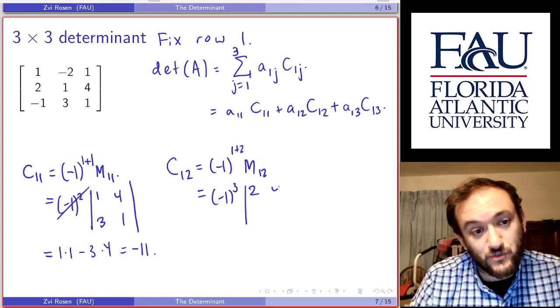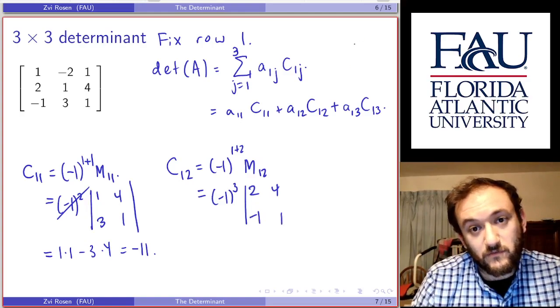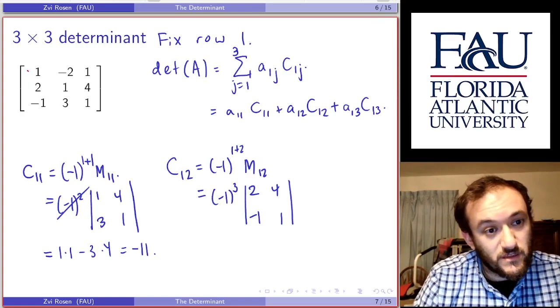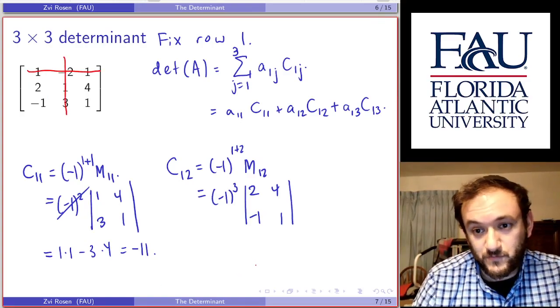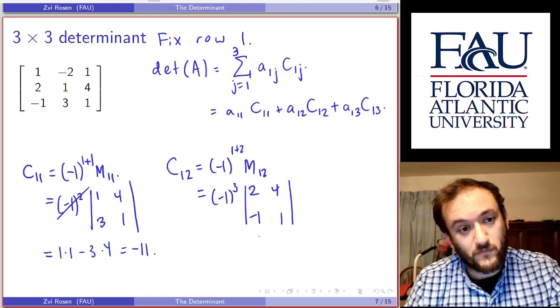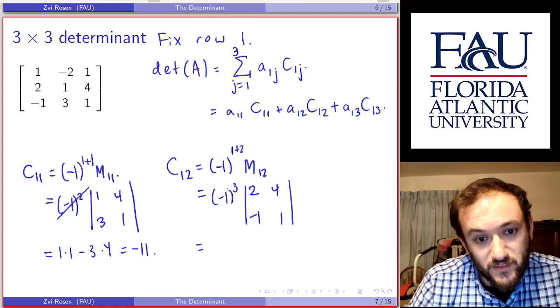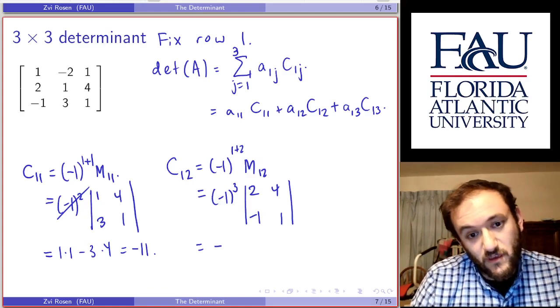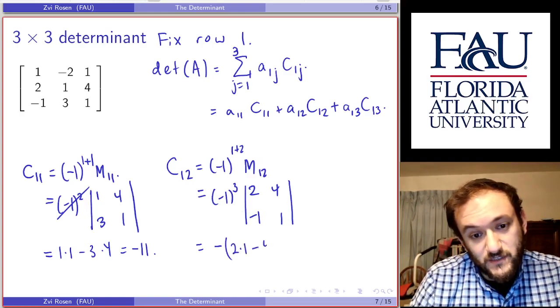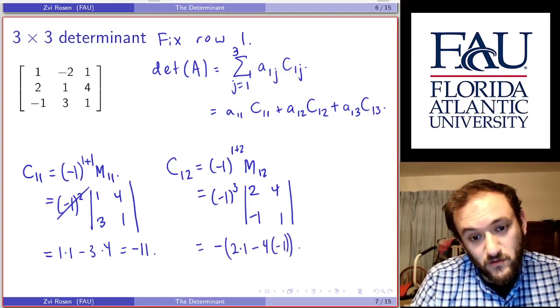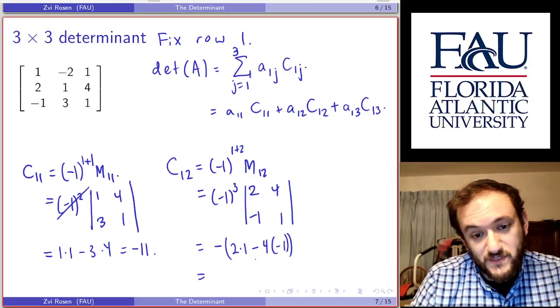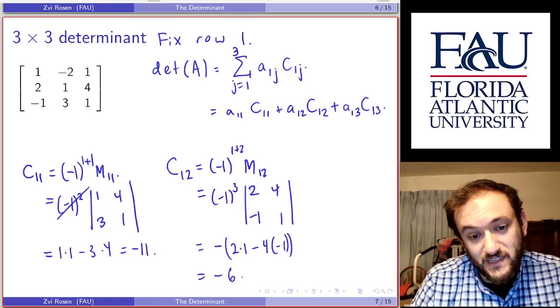So we're looking at 2, 4, minus 1, 1. Again, this corresponds to leaving out this. And we know the formula for this. First of all, this -1 cubed becomes negative. And then we have 2 times 1 minus 4 times -1. And that becomes 2 plus 4, or 6. So we have -6.